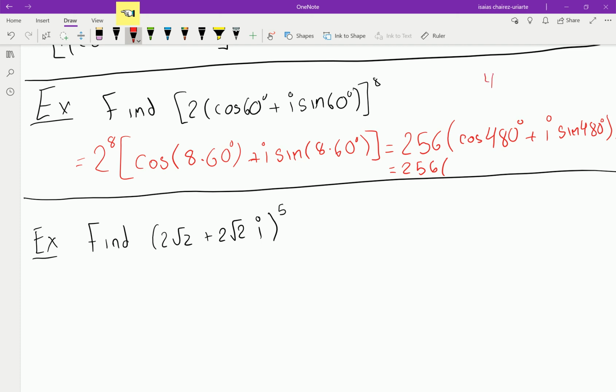So if you look at 120 degrees, cosine of 120 is -1/2, and sine of 120 degrees is square root of 3 over 2.